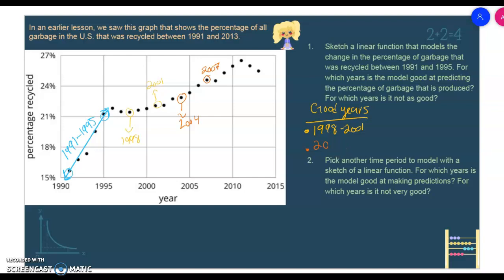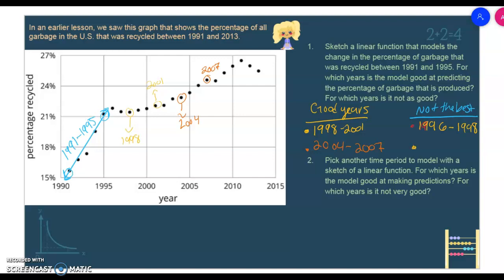What I definitely know, because it's also asking for what years would not be the best to choose. So not the best. I would say any time that it's decreasing. So maybe like 1996 to 1998, because it's decreasing, which is fine, but it doesn't really give a good representation of data.